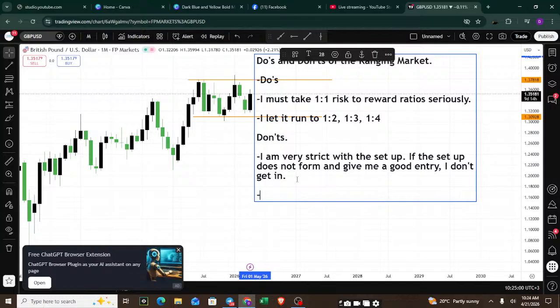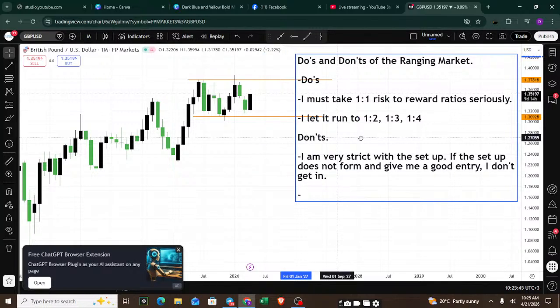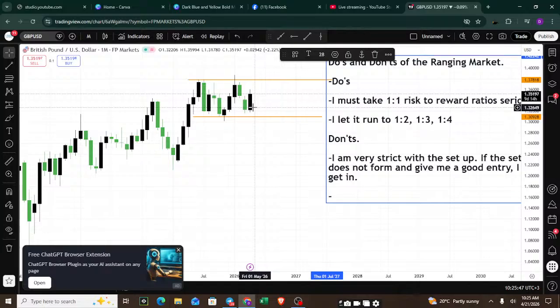But when the market is ranging, you have to be extra careful so that you can survive in case price is going to get out of this, because in the long run it is going to get out of this ranging market.